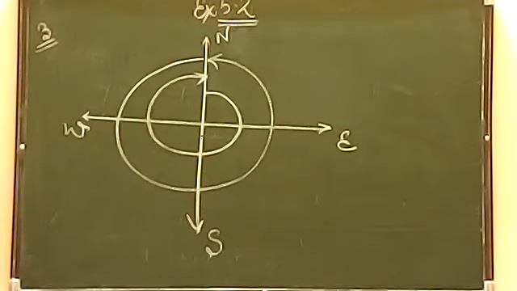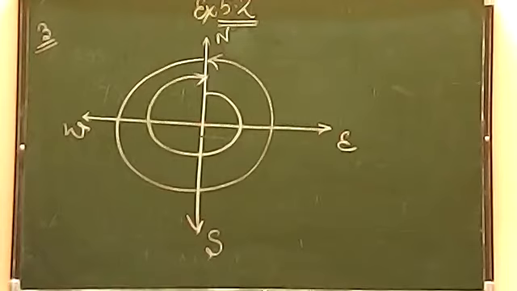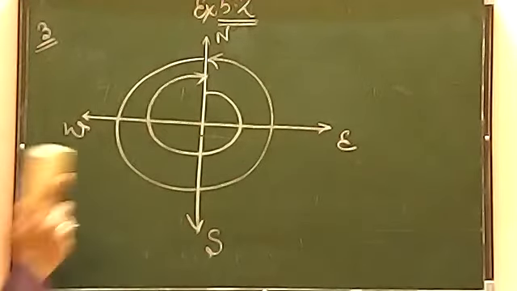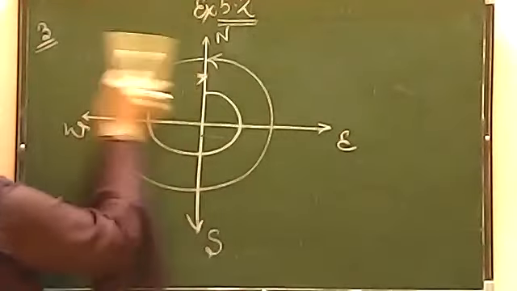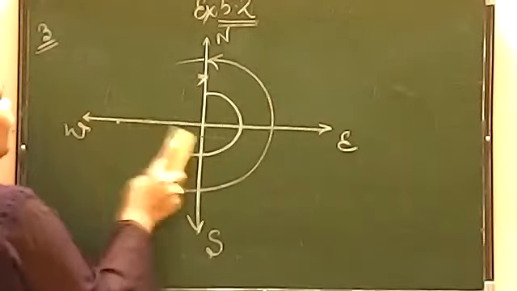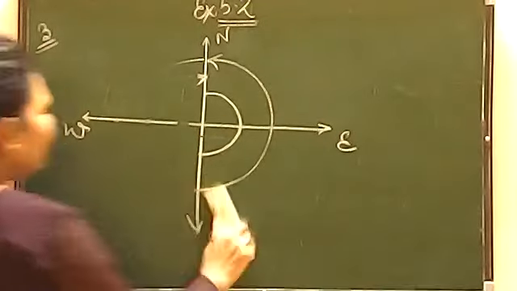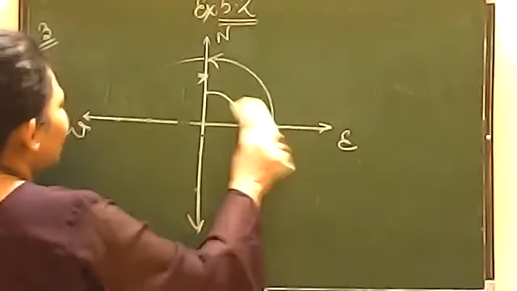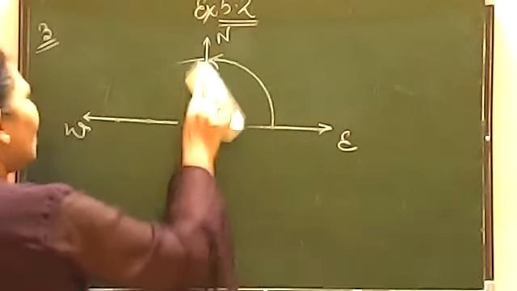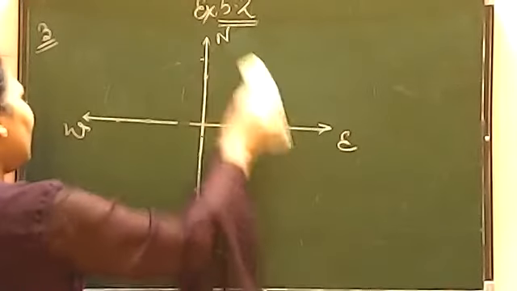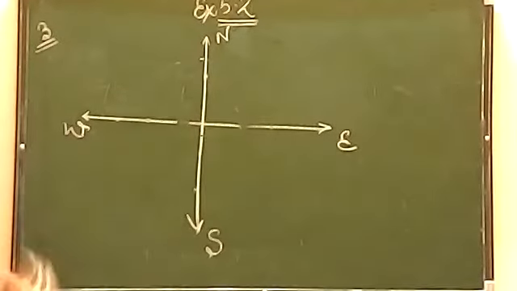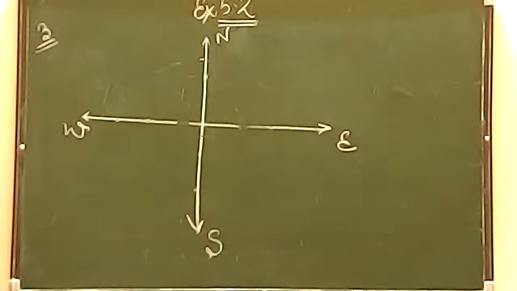Now, one more thing. What is revolution? You will always have either one revolution or maybe 1.5 revolutions or maybe 2.5 revolutions. So always remember, whenever we do one complete revolution, you will always start from the same point and again reach the same point only. Let me tell you how. Suppose in the exam you are asked to do one full revolution starting from north.